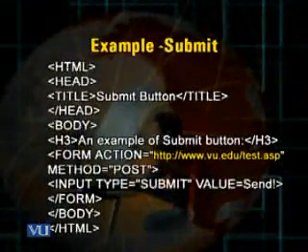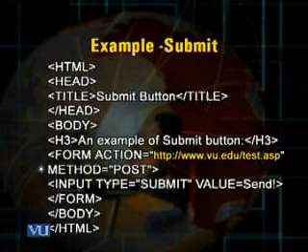Simultaneously, I also have to use another attribute, method, in the form tag, and I keep the method attribute value as post. You have to keep that as it is. Method would always be here as post. Then before closing the form tag, I have to use another tag, and this is the input tag.